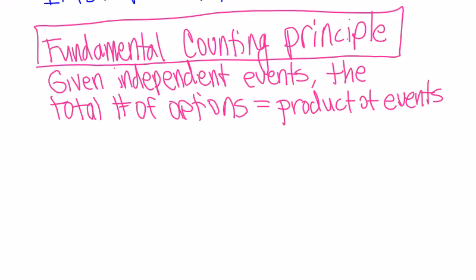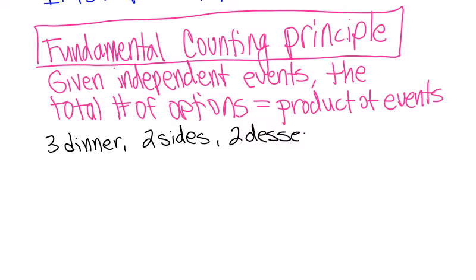So for example, if you have 3 choices for dinner, and you have 2 choices for a side dish, and you have 2 choices for dessert, and 4 choices for a drink.